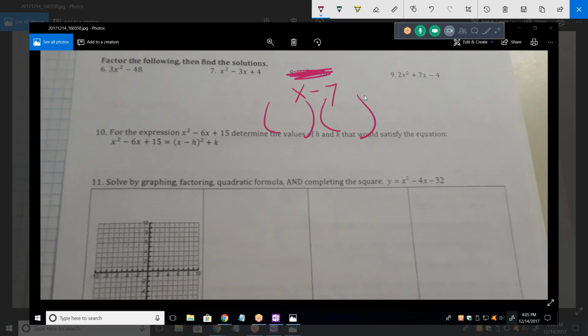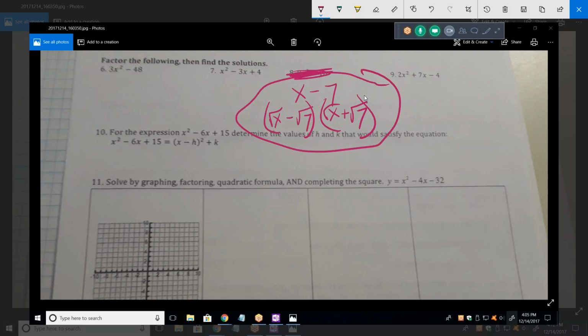Right. It's not difference of perfect squares, but guess what? It doesn't have to be difference of perfect squares. That is true. Okay.